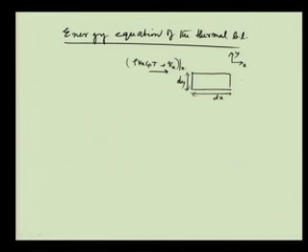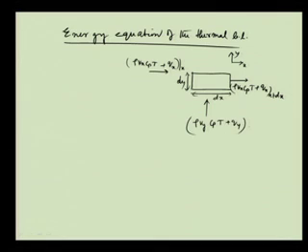And similarly, energy out will be rho V x C p t plus q x at x plus dx, and from the bottom it is coming in like rho V y C p into t plus q y at point y, and going out as rho V y C p into t plus q y at point y plus dy.